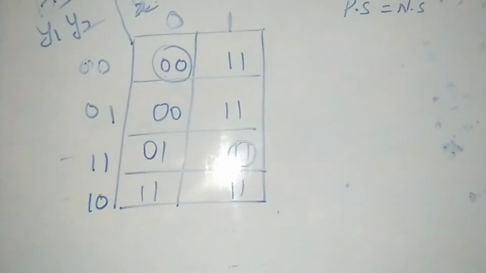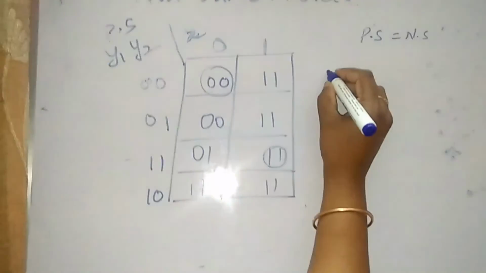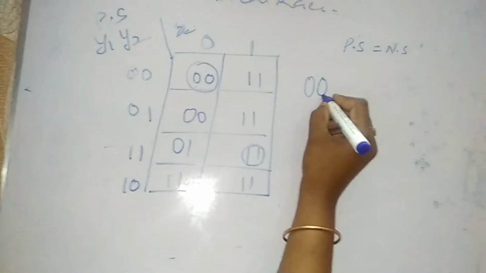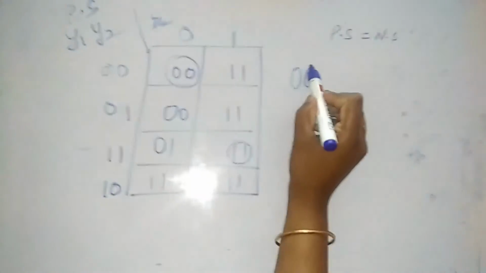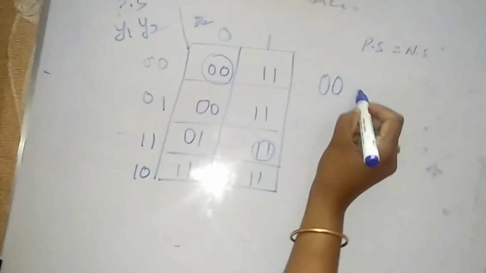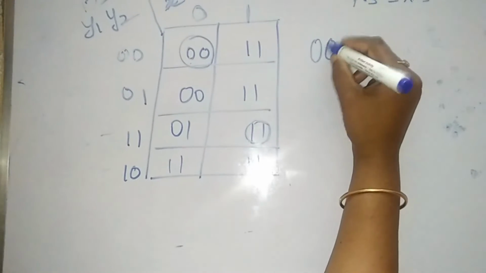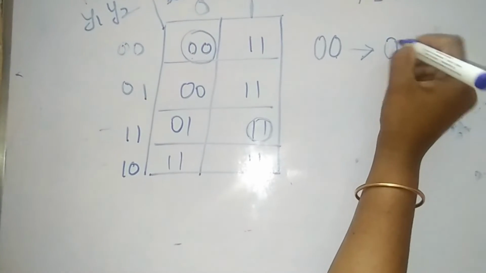Now how will I check for the race condition? Consider the present state as 0, 0, where this is y1 and this is y2. If the state changes by 1 bit, say y2 changes, so let me consider this as 0, 1.